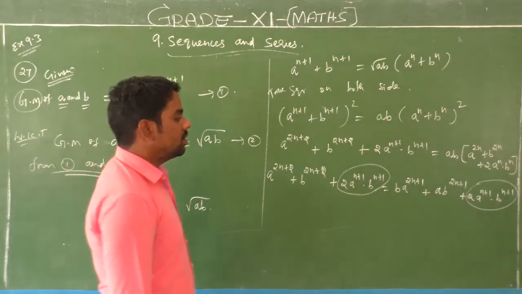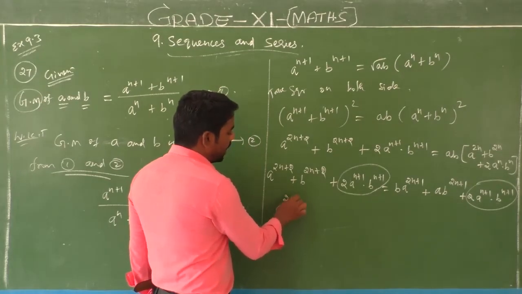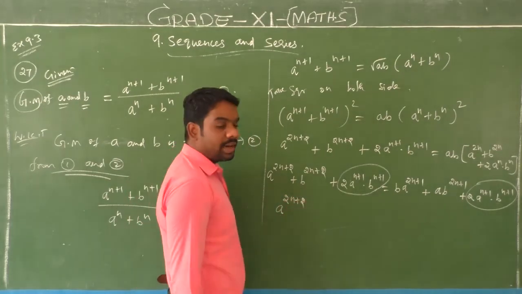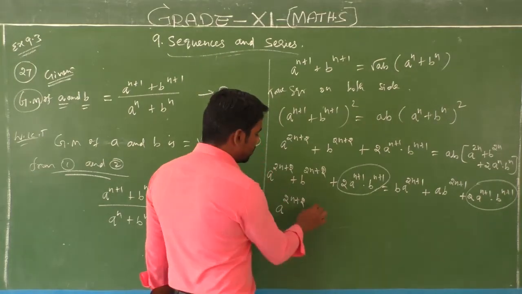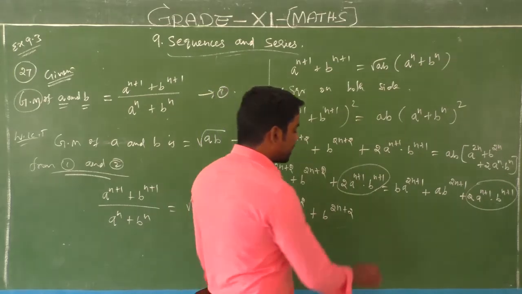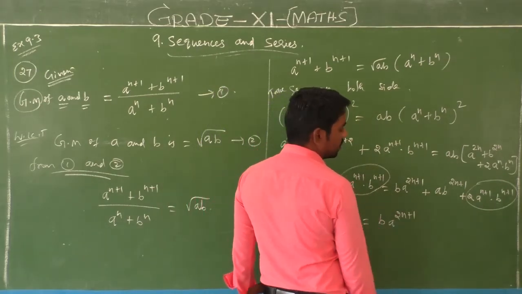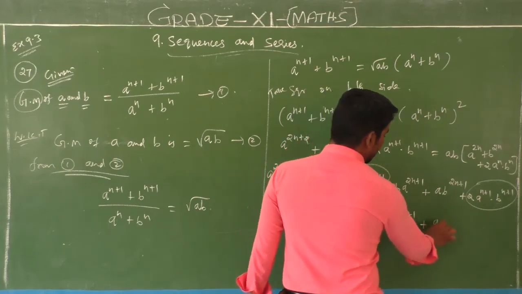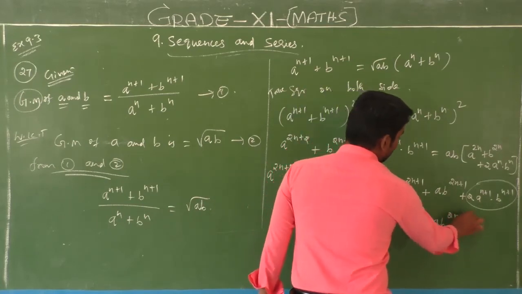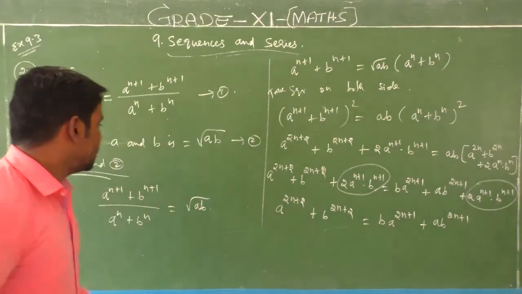Cancel this. Remaining a^(2n+2) + b^(2n+2) is equal to b a^(2n+1) + a b^(2n+1). Simplify this.